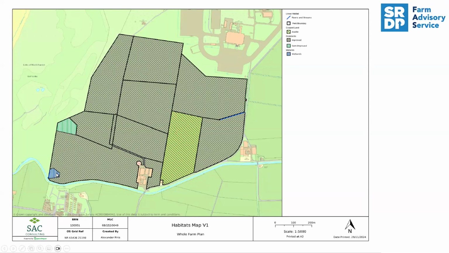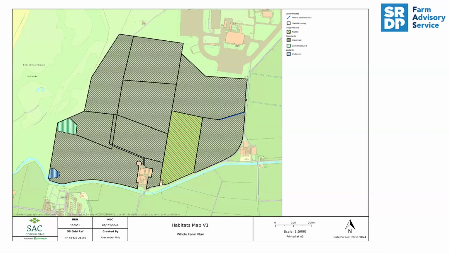In terms of how I came to that decision, that wetland area has total livestock exclusion, and we don't claim it for the purposes of basic payment, although it is part of the land parcel.